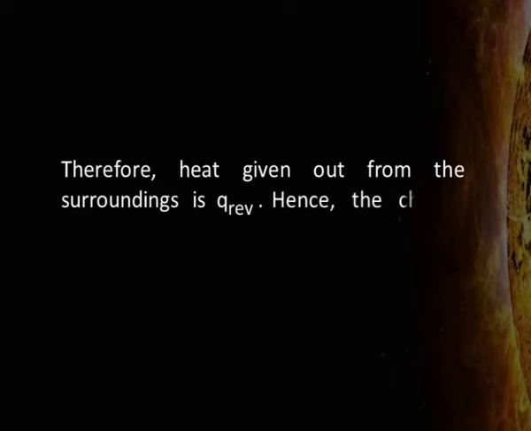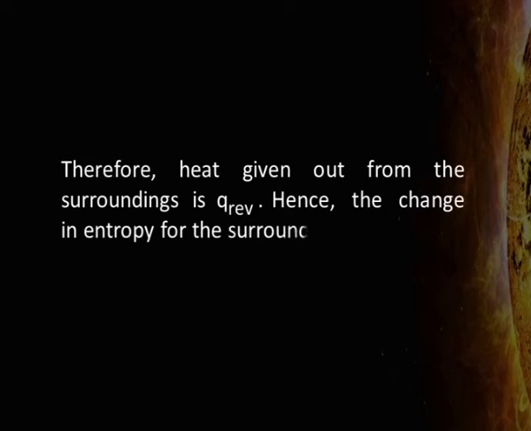Therefore, the heat given out from the surroundings will also be equal to Q reversible. Hence, the change in entropy for the surroundings will be equal to Q reversible divided by T.